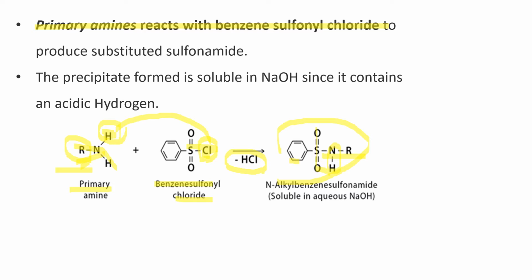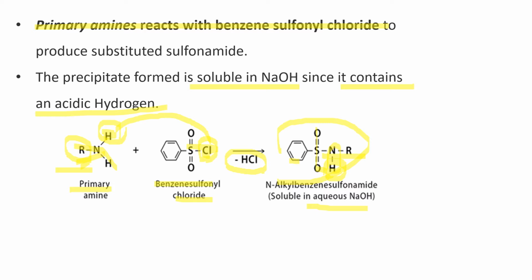And this salt is a precipitate. The precipitate formed is soluble in sodium hydroxide solution. And the salt is soluble because it contains an acidic hydrogen in it. Because of the presence of an acidic hydrogen in this salt, it is soluble in aqueous NaOH solution.